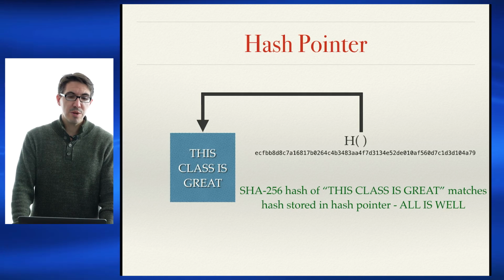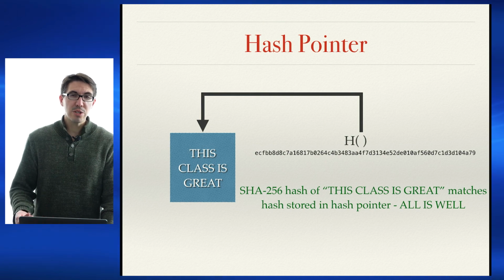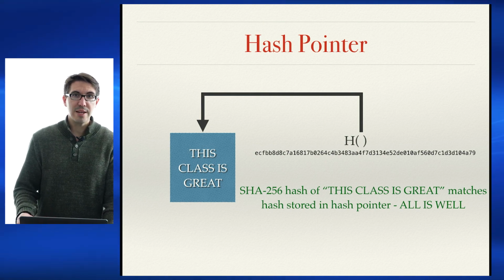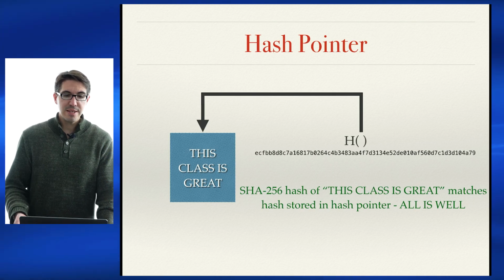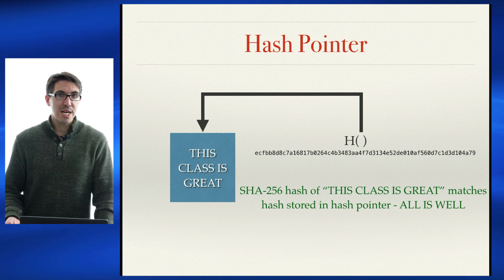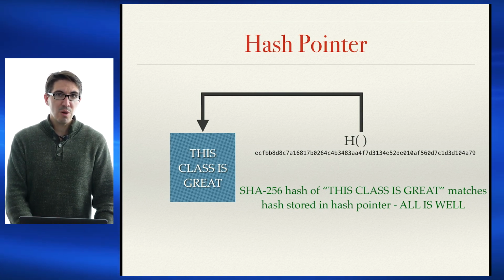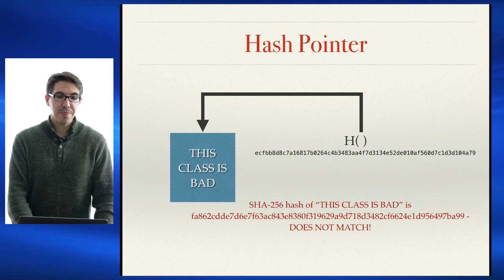So not only does the pointer point to where this string is located in memory, it also includes that hash, ECFBB... And if I later go to look and see what is located in this piece of memory, and I see, all right, it is "this class is great," and the hash of "this class is great" equals the hash in the hash pointer, I can tell that this data has not been modified since the time that I created the hash pointer. So all is well if it still says "this class is great."